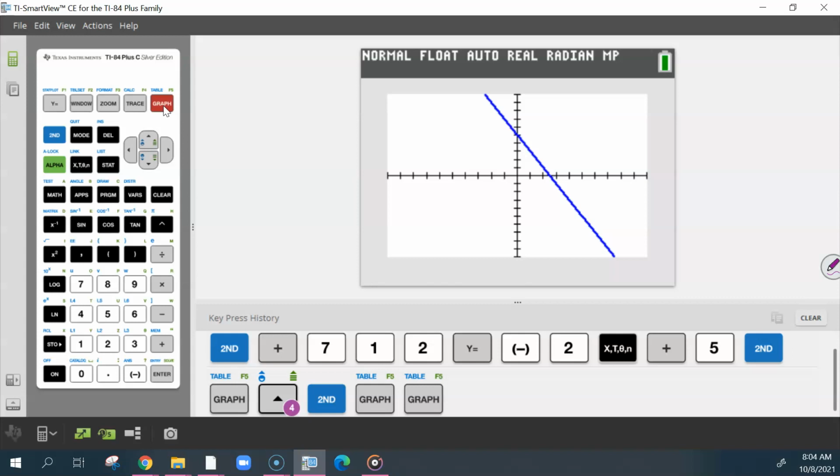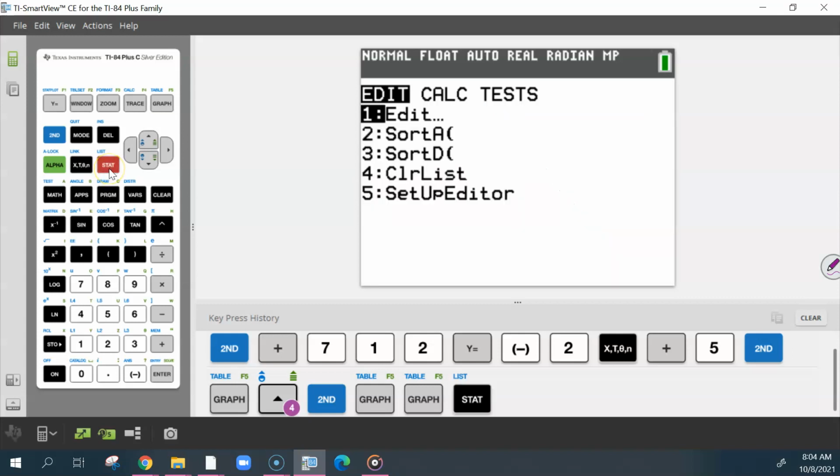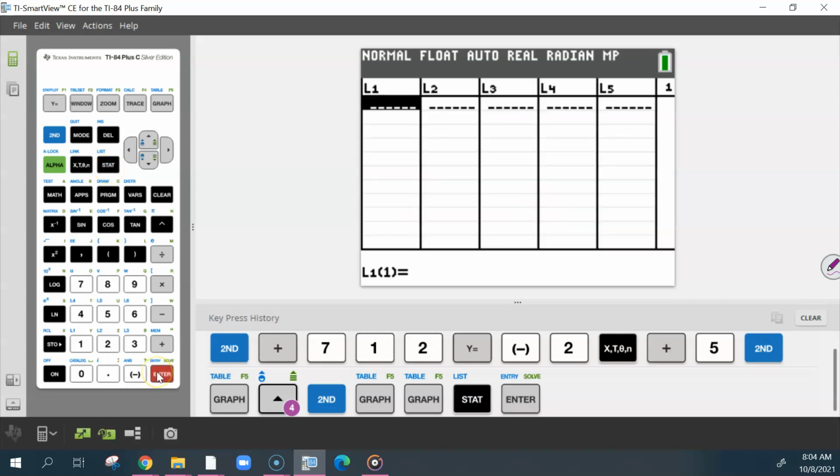So we're going to go into stat, edit, and you should see this L1, L2. So again, don't watch with me, do with me. We're going to put our time from your paper into L1 and our grades from the paper into L2.